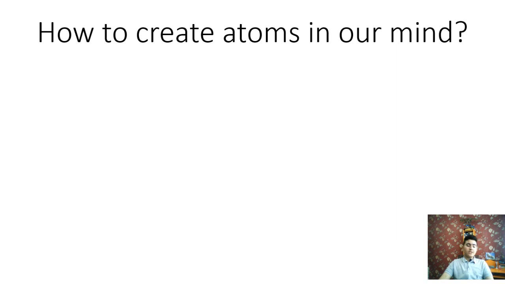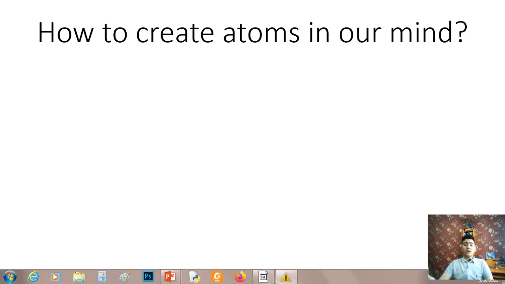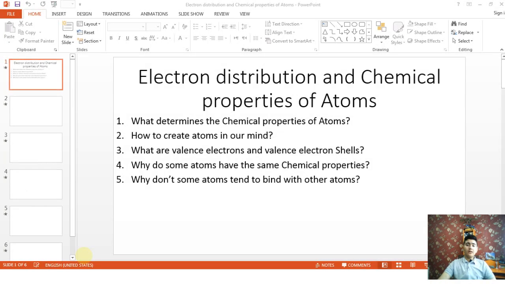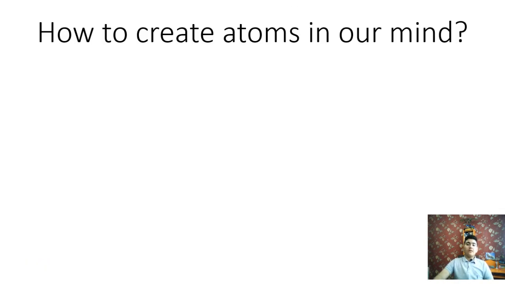For example, the number of neutrons goes like this: 1 and 2 and 4. As you can see, it doesn't go in order. So we can't easily predict the number of neutrons inside every atom. So yeah, the atoms are virtual, not real.